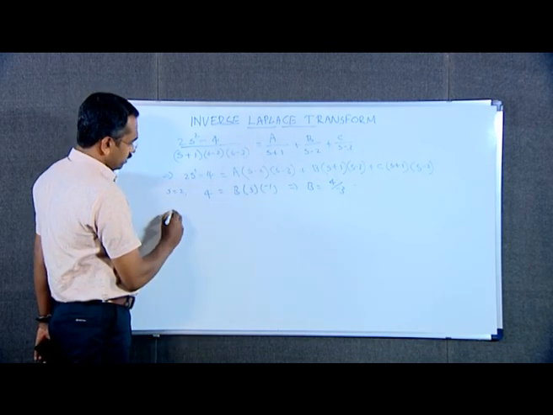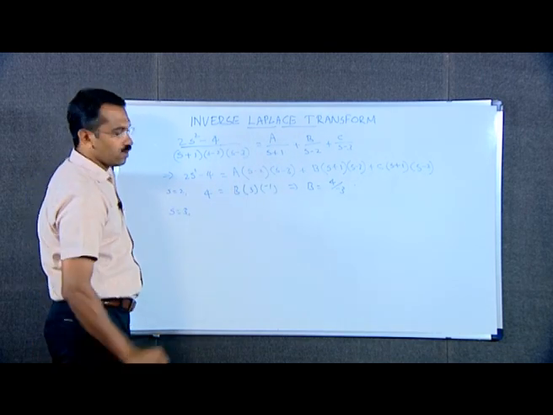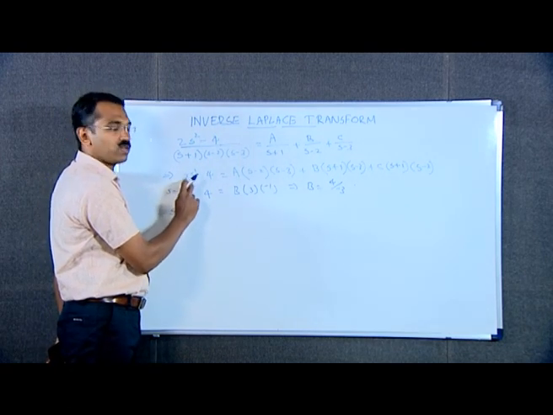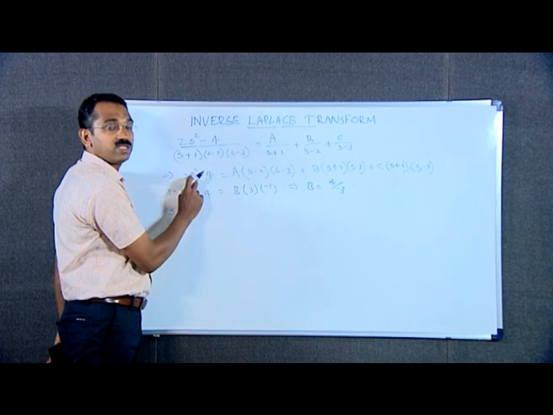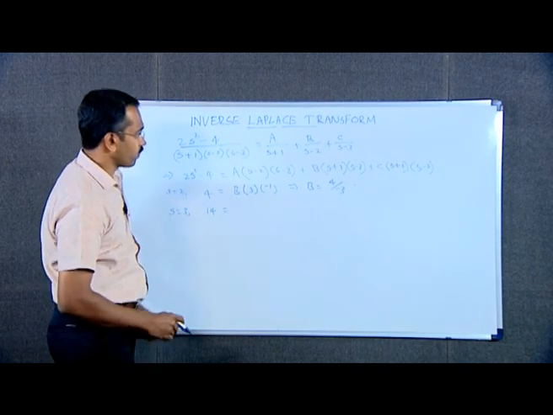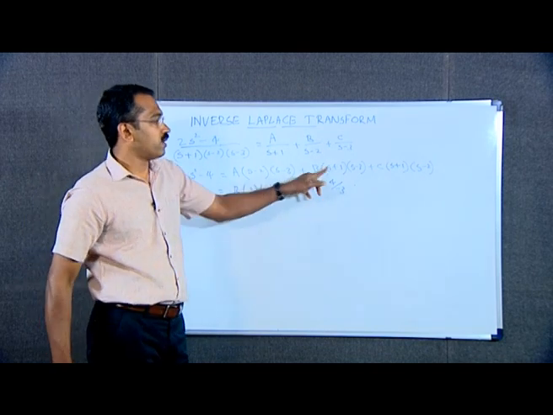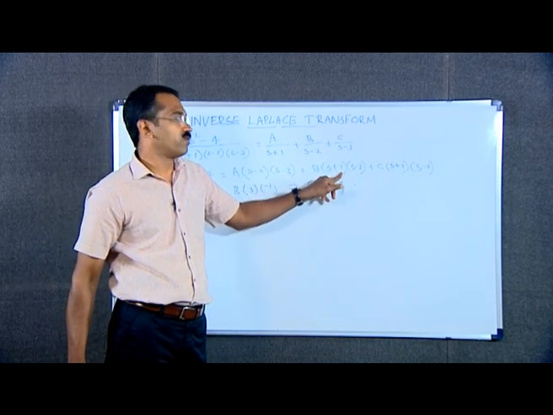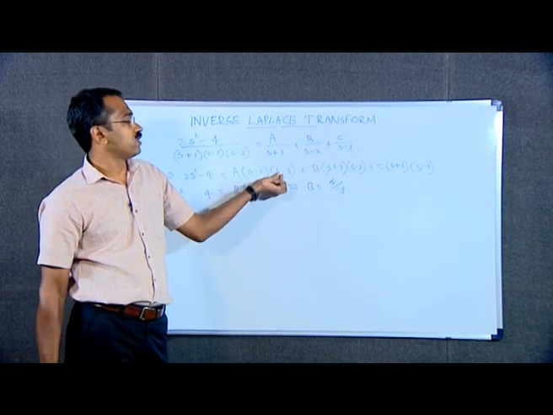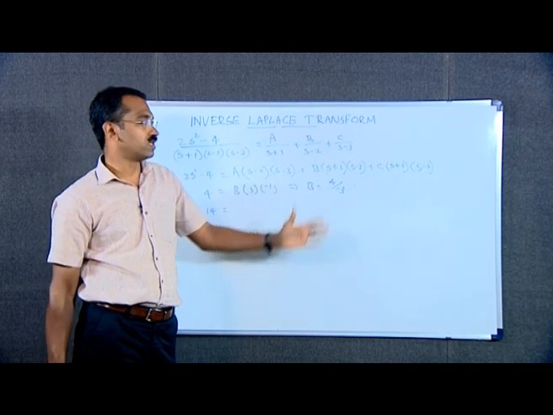When s is equal to 3, we get 3 square into 2, that means 9 into 2 is 18, 18 minus 4 is 14, is equal to, the first term and the second term will become 0 because there is a factor s minus 3 in both the terms.